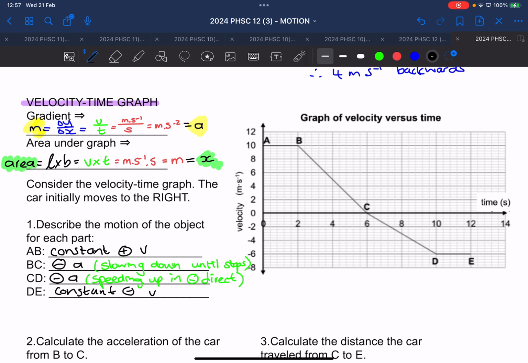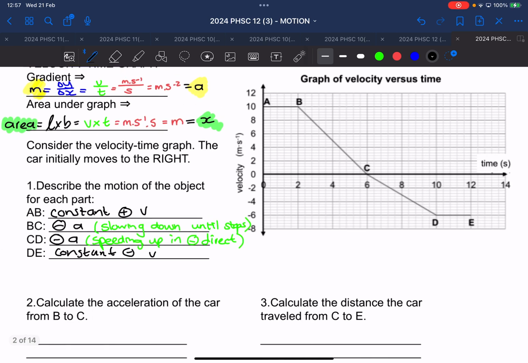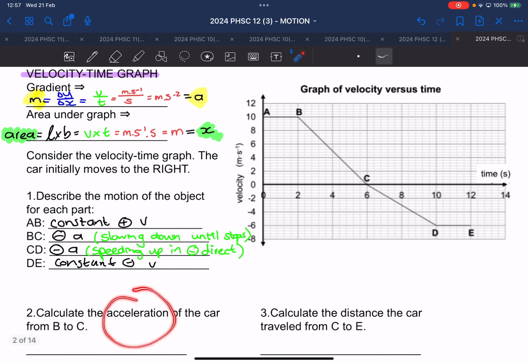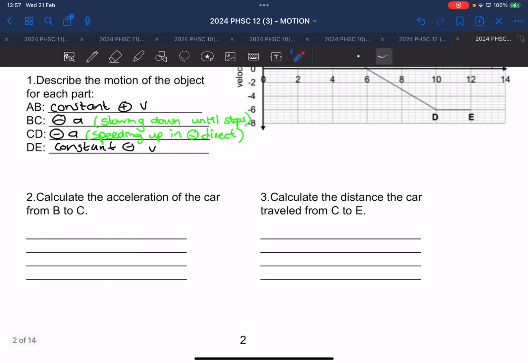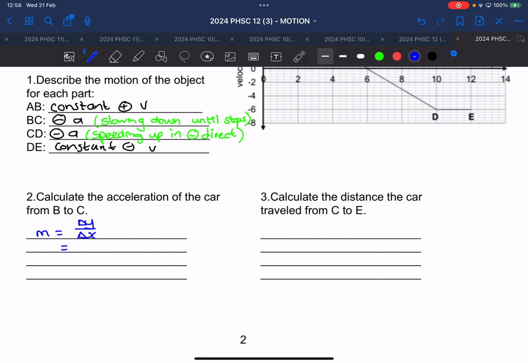Okay, now they ask, calculate the acceleration of the car from B to C. Acceleration, where do you find acceleration? The gradient. So now let's practice doing the gradient one. Let's look at the gradient. It is the change in y over the change in x. Change in means final minus initial.